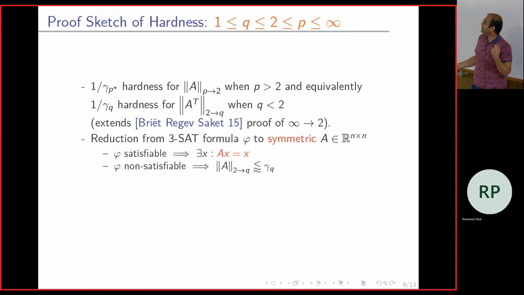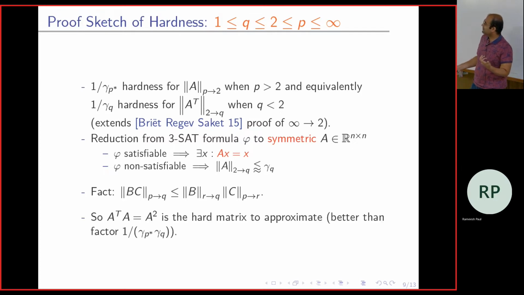Now, given these two, you can already see where I'm going with this. You can look at A transpose, that's a norm from 2 to q, and A is from p to 2. So if I just take the multiplication, then I can potentially get p to q if such things hold, and it does indeed hold.